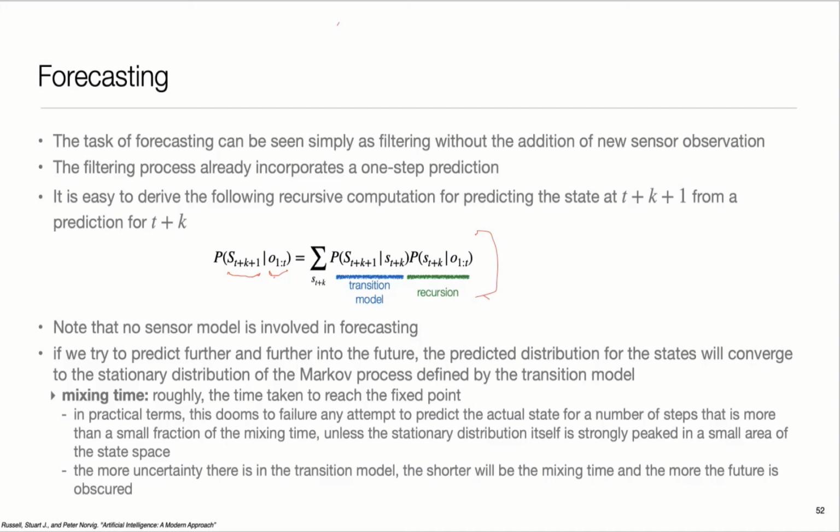Essentially, if you forecast way in the future, your forecast will converge to some stable value, which is reflective of the information about the state given no observation, because observations are so far in the past.